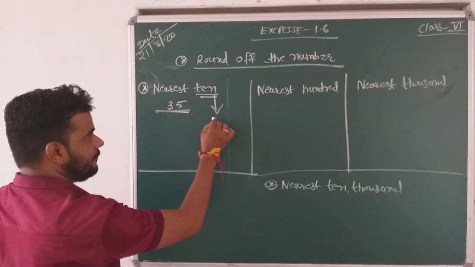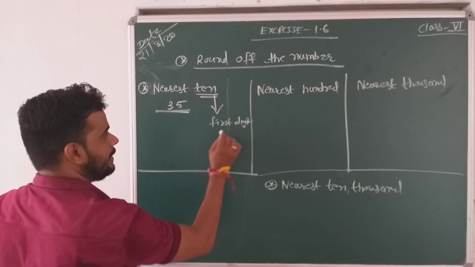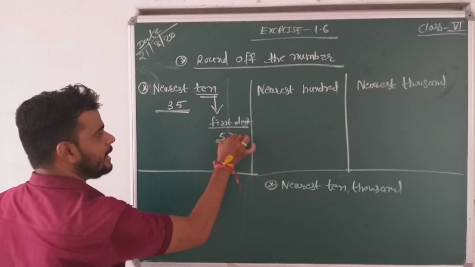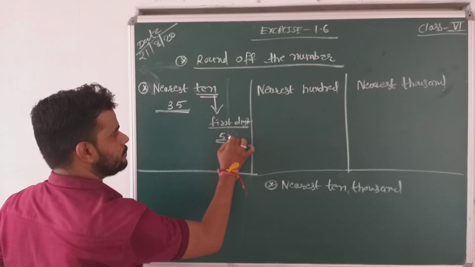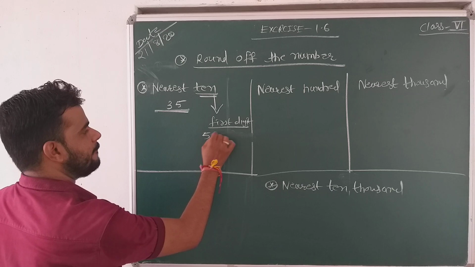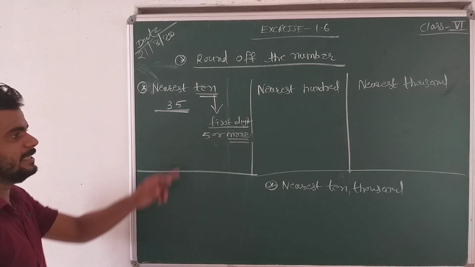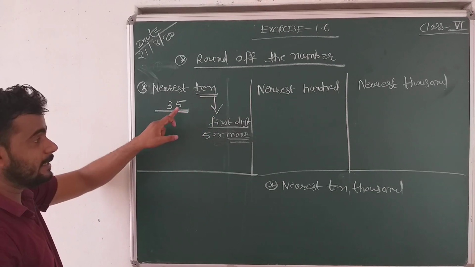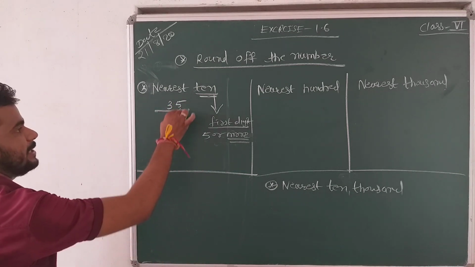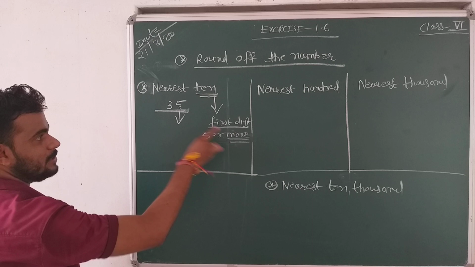Nearest 10 means if the first digit is 5 or more than 5, or more. If the given number is 35, the digit is 5, it can also be more than 5.